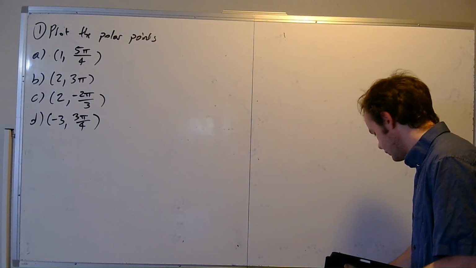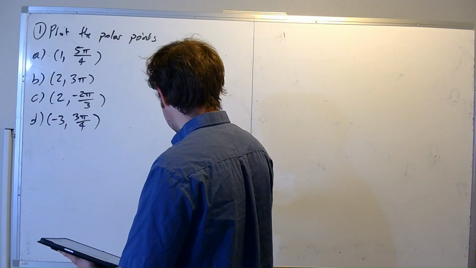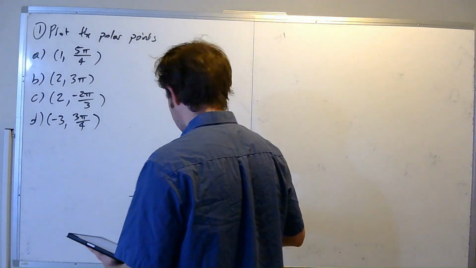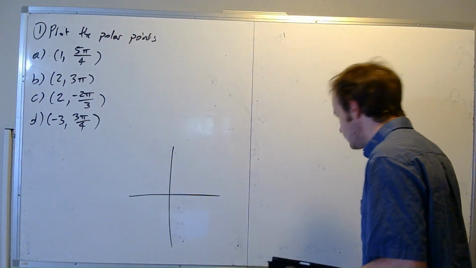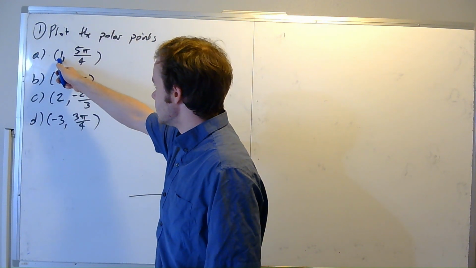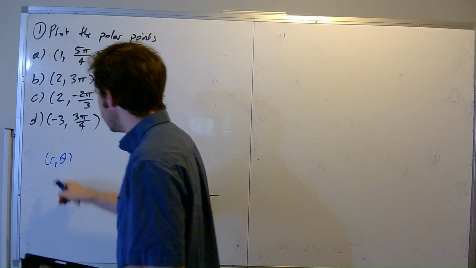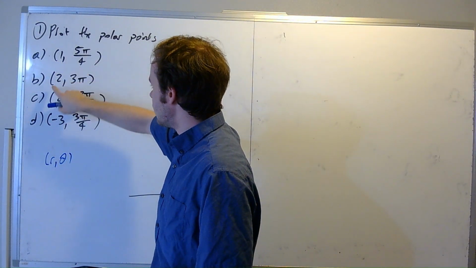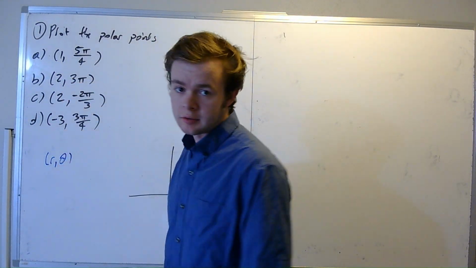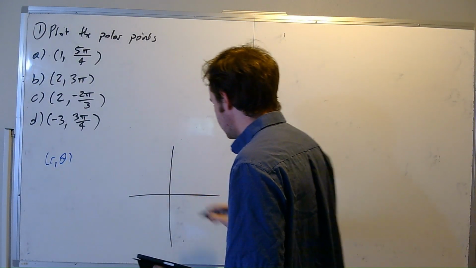So that's our goal. So to do that, let me go ahead and draw our coordinate system. And notice here, these are radius values. Remember, we have r comma theta, right? So here the radius is 1, 2, 2, and negative 3. So I'm just going to go ahead and draw for us 3 circles.